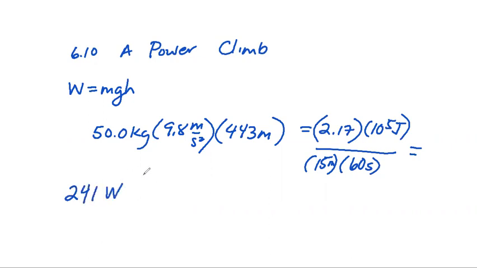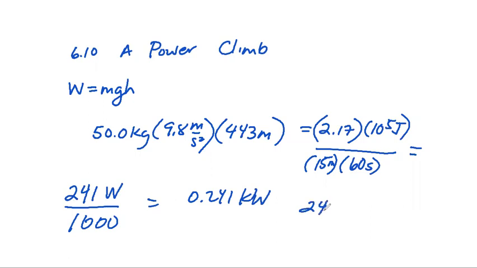And then I'm supposed to express it in horsepower and kilowatts. For kilowatts, this divided by 1,000 equals 0.241 kW. And for the horsepower, 241 divided by 746.